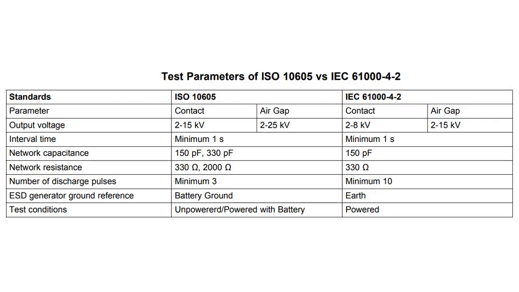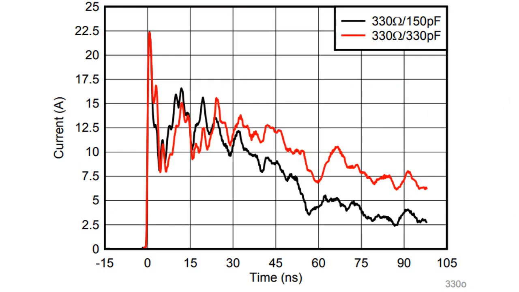The figure summarizes the similarities and differences between ISO 10605 and IEC 61000-4-2 test parameters. The 150 picofarad and 330 Ω test is roughly equivalent to the IEC 61000-4-2 test. The figure shows the different waveforms at their respective capacitance and resistance levels.